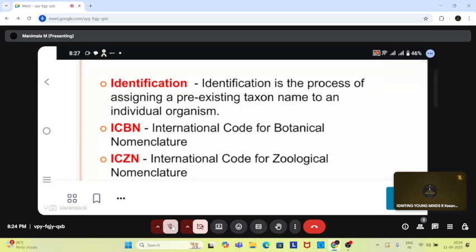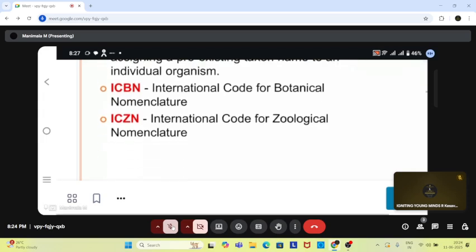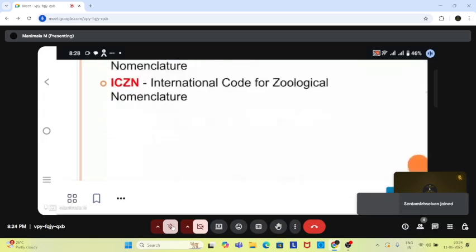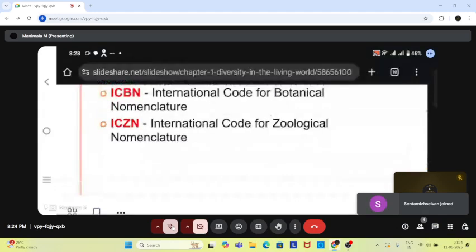Based on such basic characters, first they will identify the organism. Children, here we see which organism name is attached to it; this is identification. And there is a procedure we have to follow. Here the ICBN and ICZN, that is the International Code of Botanical Nomenclature and the International Code for Zoological Nomenclature.